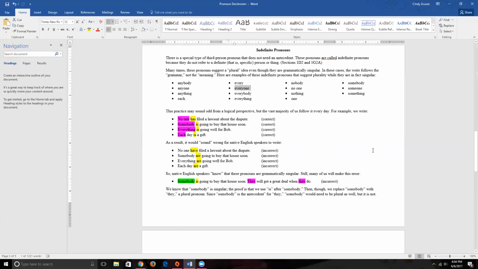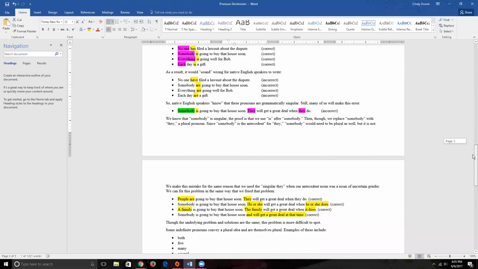Am I using they instead of he or she as a noun to replace? Am I using a plural verb instead of a singular verb? Once you know what your areas of grammar vulnerability are, you can put into place fixes that are going to protect yourself from those little glitches that you might have.